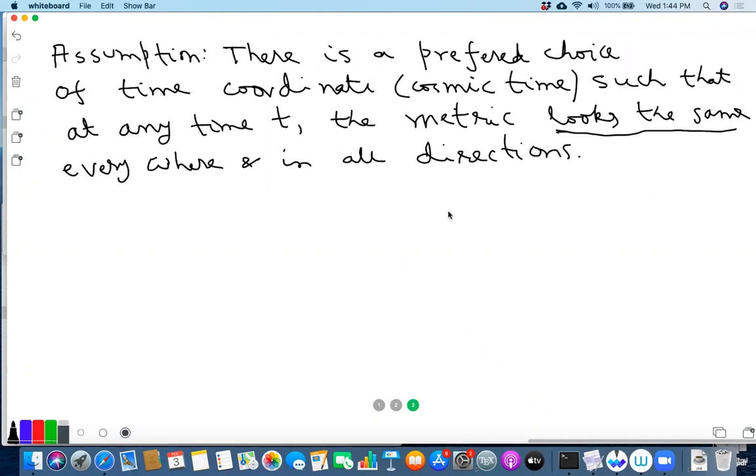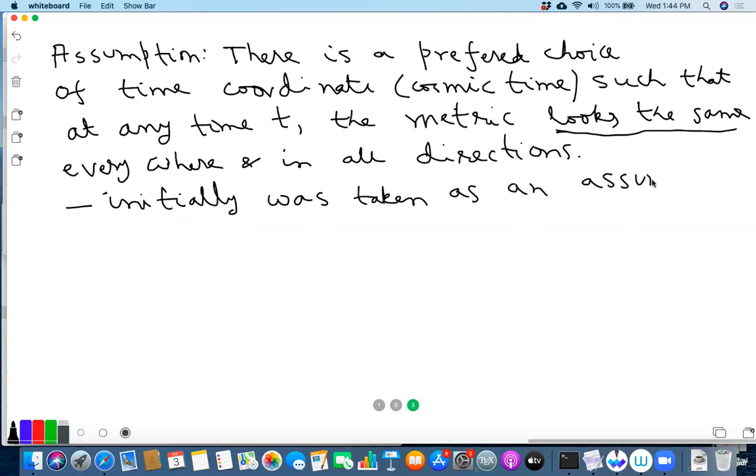Okay. But before I do that, let me just say that initially, when the subject first started, initially this was taken as a simplifying assumption, as an assumption to simplify analysis.